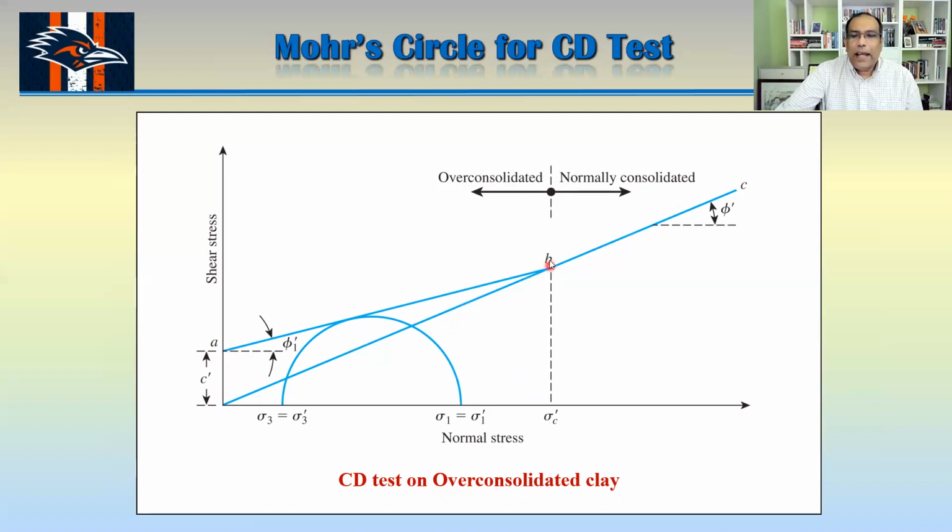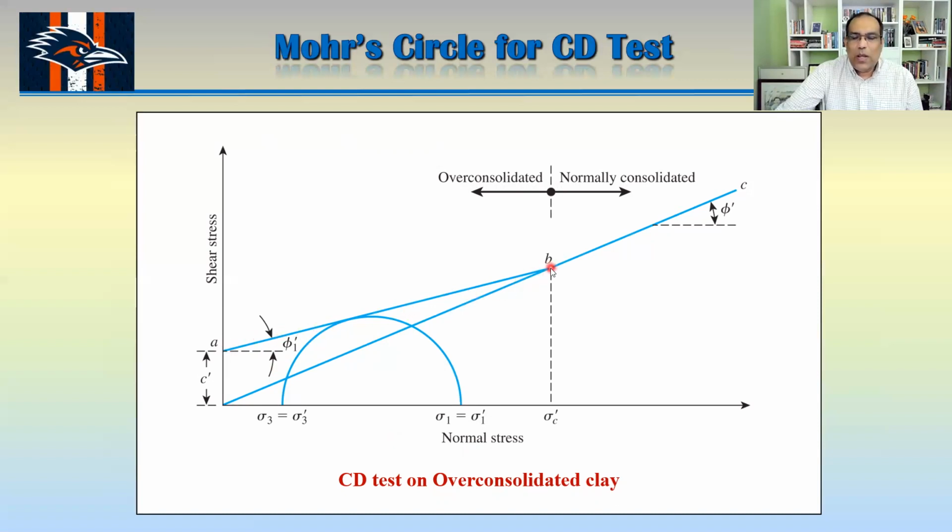On the other hand, as soon as your consolidation pressure is higher than pre-consolidation pressure, then basically you will see that this one will continue like this. Okay, so the actual line for over consolidated clay would be something like this.